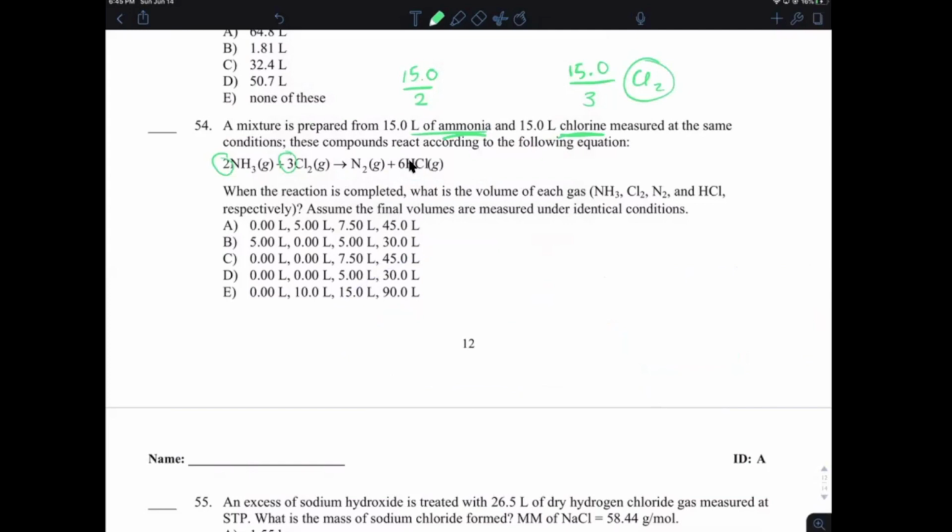Okay, so first of all, since we know that Cl2 is our limiting reactant, it's going to be used up completely. So if it's used up completely, then how much is going to be left at the end? Does the question make sense? If we start off with however much chlorine gas, and we use all of it up, then how much is left at the end?